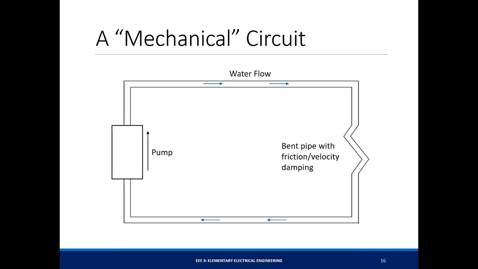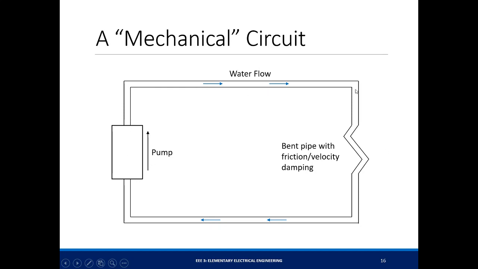So what happens then if we have a bent pipe with some form of friction and velocity damping? It means as the water flow increases, the force increases here in this area. So what will happen to the water flow?